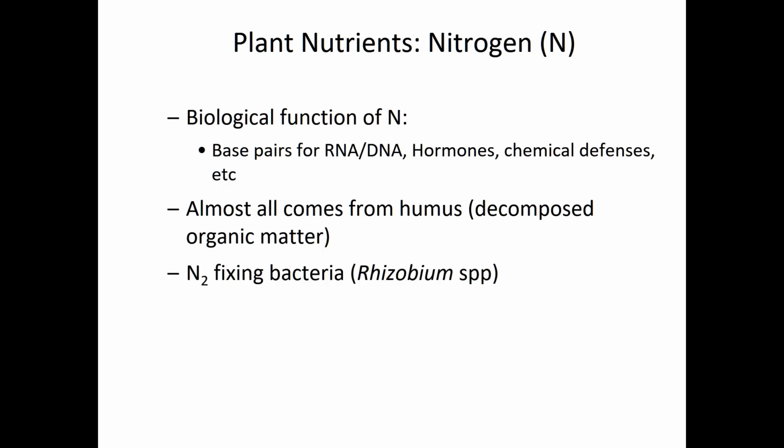And there are some plants that have adaptations for fixing atmospheric nitrogen in the form of N2, and through a mutualism with rhizobial bacteria, they have the ability to fix that atmospheric nitrogen and utilize it for themselves.